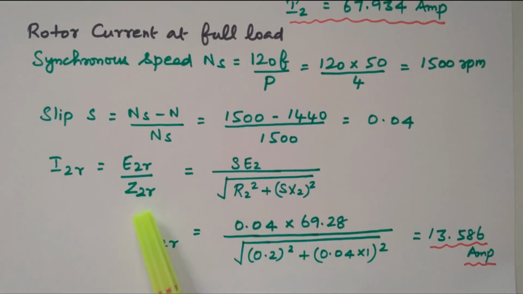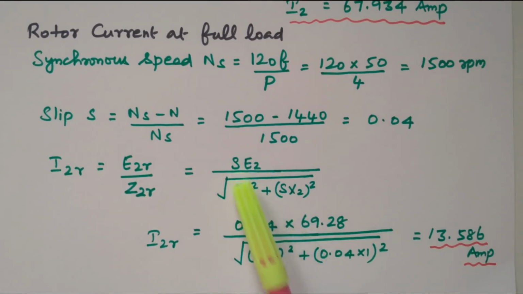Similarly, Z2R is nothing but square root of R2 square plus (S into X2) square. Because R2 is constant, the reactance will vary with the slip of the induction motor. So this I2 refers to the starting condition, I2R refers to the running condition, that is S E2 divided by square root of R2 square plus (S X2) square.